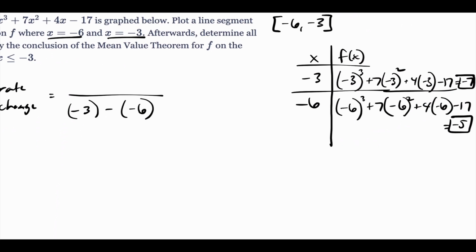So those are the two dots, -3 comma -7 and -6 comma -5. So -5 goes with -6, and -7 goes with -3. Subtract. Subtract a negative, you get -2 over 3.